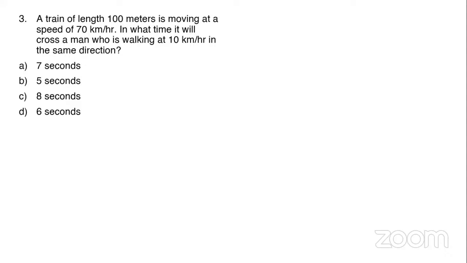If you have something in kilometer per hour and you want to convert that to meter per second, you have to multiply by 5 by 18. And if you have something in meter per second and you want to convert that to kilometer per hour, you have to multiply by 18 by 5. If you get confused, just keep this in your mind.